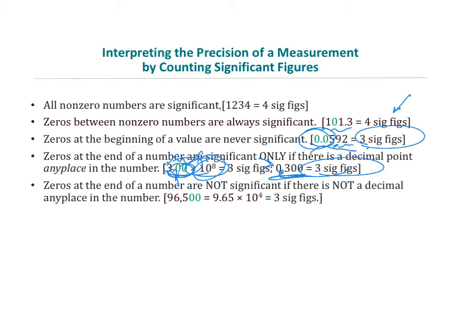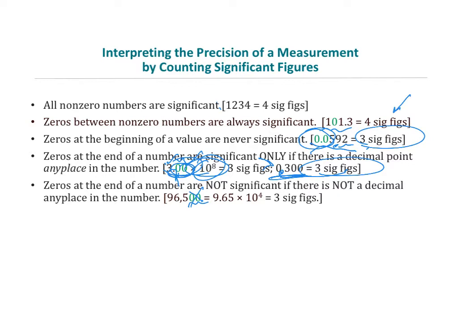All right, so now let's talk about trailing zeros. Zeros at the end of a number, and there's no decimal point in the number. If there is no decimal point, zeros at the end of a number are not significant. Now, that doesn't mean you can leave them out. They tell us important information about the magnitude of a number. They just don't give us information about the reliability or precision.